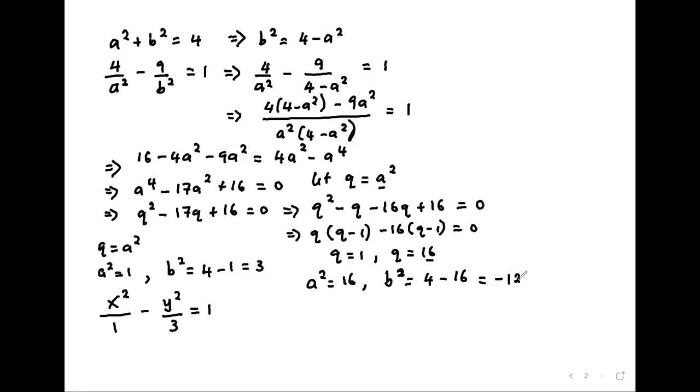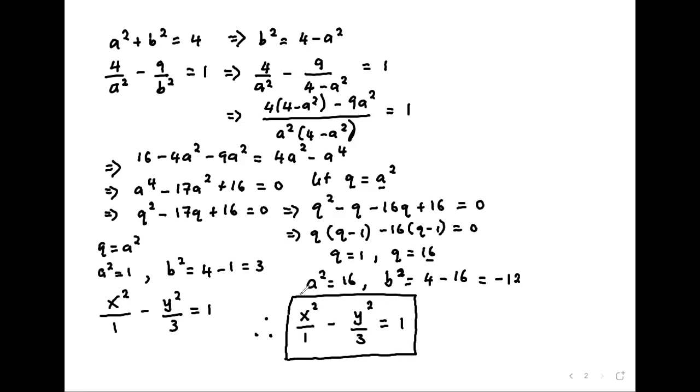And so it means that the equation of the hyperbola that we're looking for is x squared over 1 minus y squared over 3 equal to 1. So this is the setup that we were looking for.